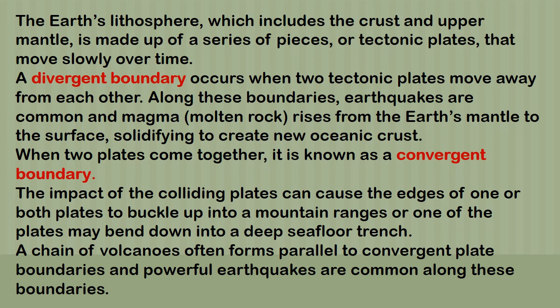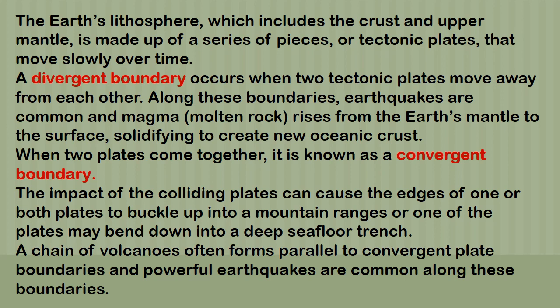It means when rock melts down, it transforms into magma, and when this magma upwells or spreads over the earth's surface, it is called lava. Magma rises from the earth's mantle to the surface, the source region of magma being the mantle, solidifying to create new oceanic crust.